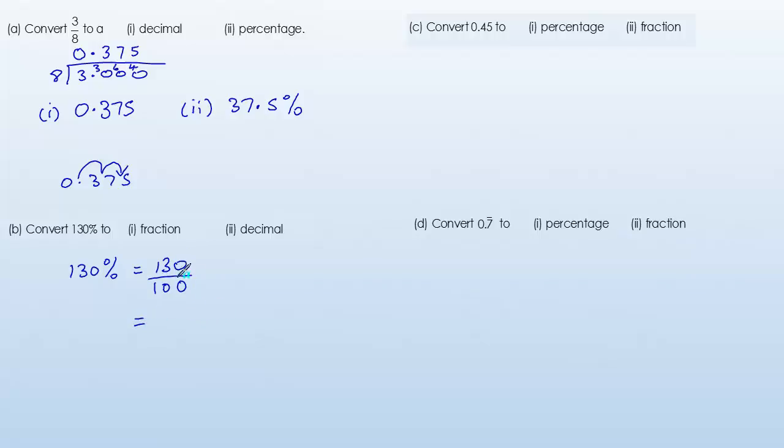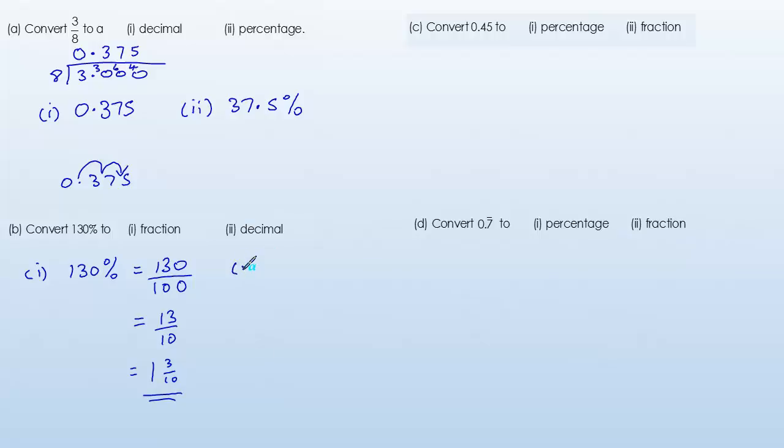Now we can cancel down here. Both numerator and denominator divide by 10, so that gives us 13/10. That's as an improper fraction, or we could write that as 1 3/10. So that's part 1. We've expressed it as a fraction.